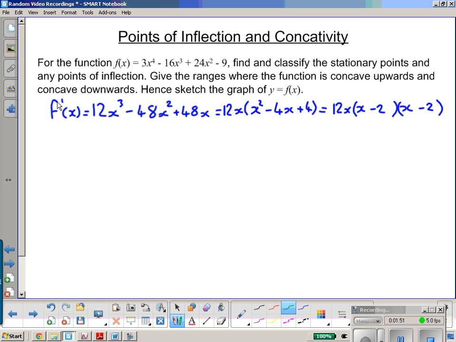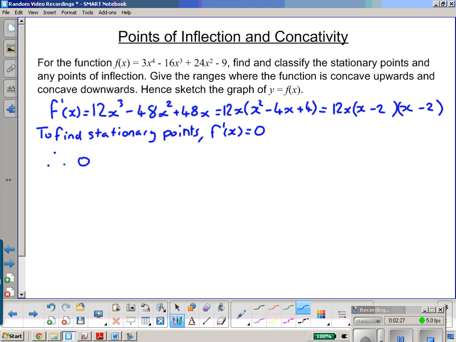Next, we're going to look at how to find the stationary points. So to find stationary points, we need f dashed of x to be equal to 0. So we put this whole function equal to 0.